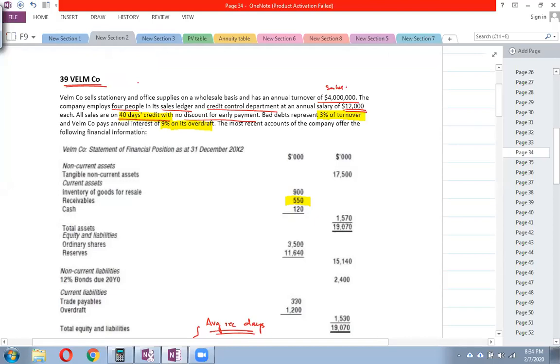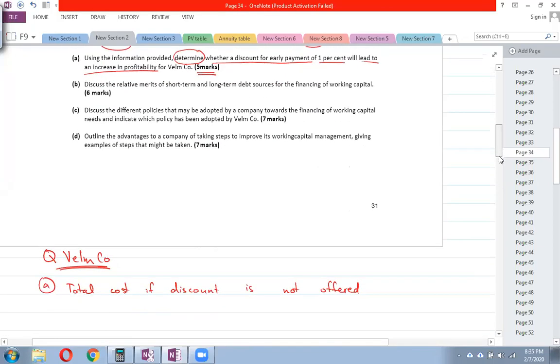But we don't have to calculate it for the current option because we are already given receivables in the balance sheet. So we don't have to calculate receivables, right? And now the receivables will be different as well.